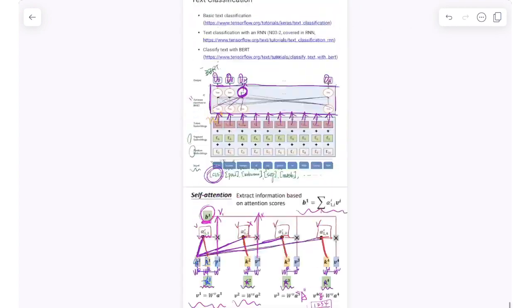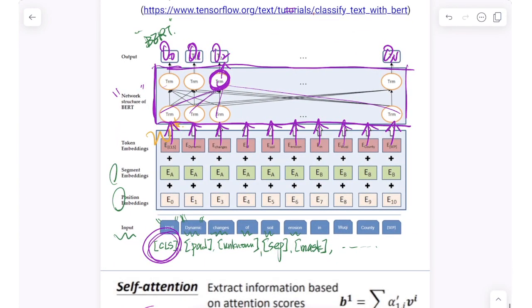In this case, right here, we have, I think, 6 layers of attention or 12 layers of attention in this network structure of BERT, so that it can accept a lot of input from here.